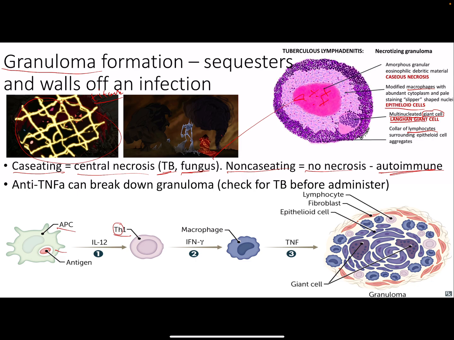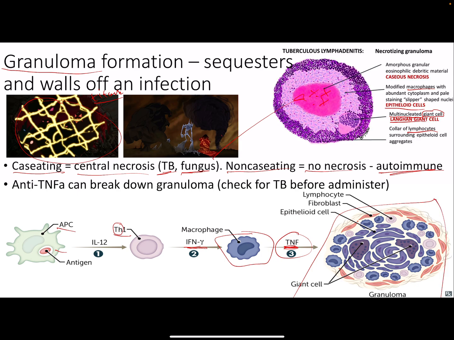So this is T helper 1. Later we'll talk about T helper 2. T helper 1 secretes IFN interferon gamma. This is going to empower, activate macrophages more than they already were. They now are going to secrete even more tumor necrosis factor, TNF. And all of this together, but especially this last step, helps form a granuloma.